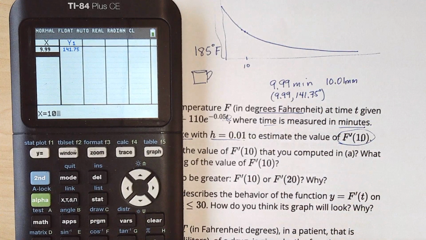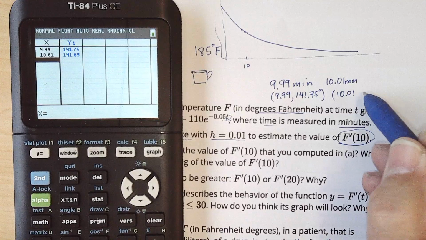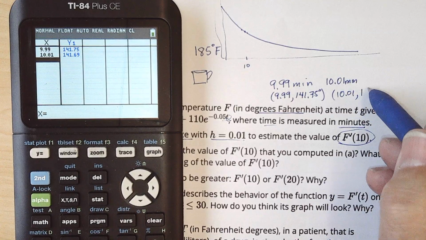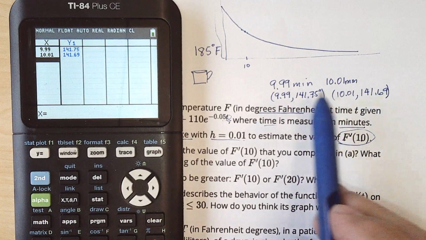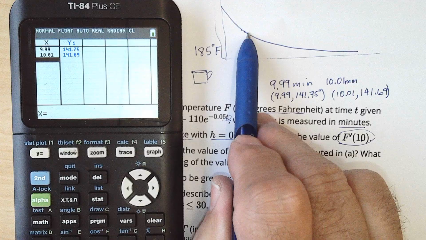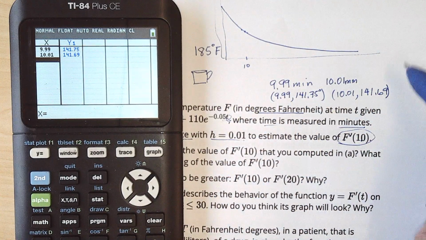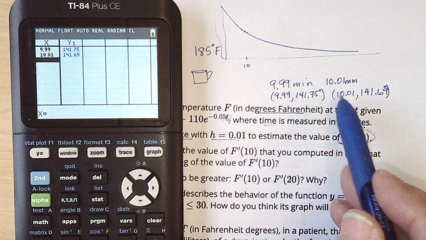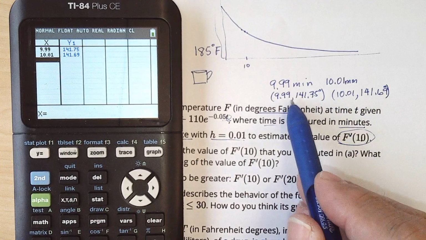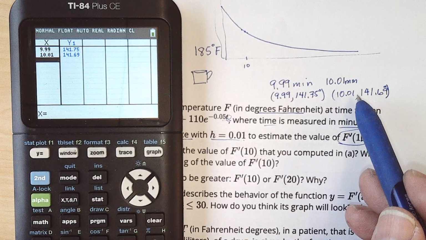Now I'm going to go to 10.01, which is a little bit past it. And at 10.01, I get a temperature of 141.69, which makes sense. It dropped a little bit in temperature from 141.75 to 141.69 over this 0.01 and another 0.01 over 0.02 or 2/100ths of a minute.